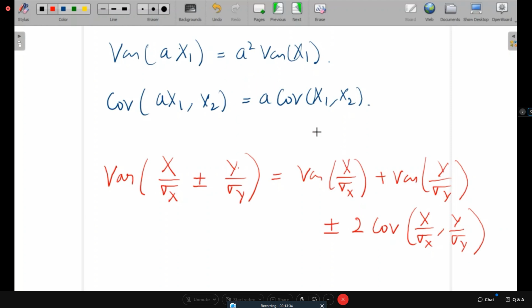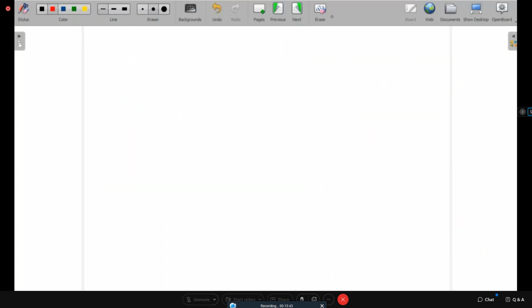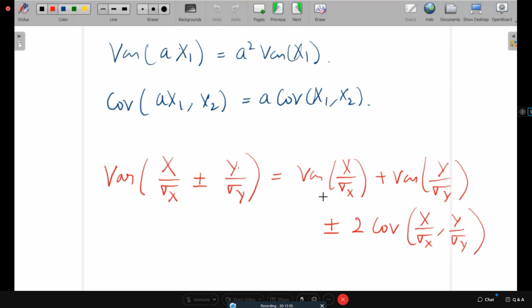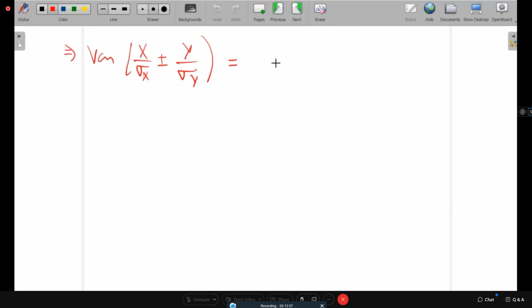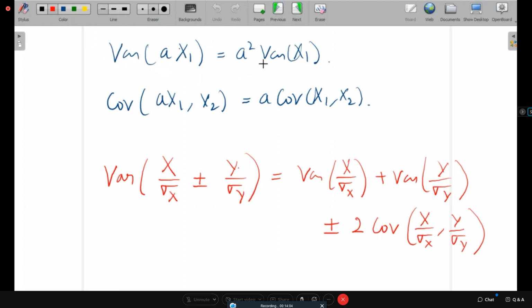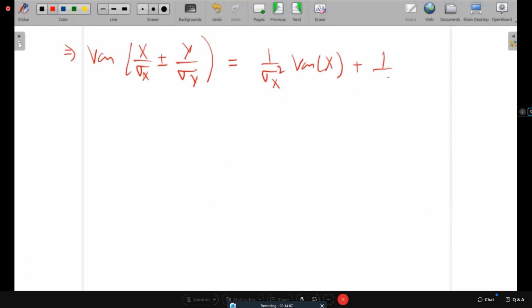Now I am going to use this property here and this property here. So variance of x by sigma x plus or minus y by sigma y is equal to 1 by sigma x whole squared times variance of x, because of the first property, plus 1 upon sigma y squared times variance of y.